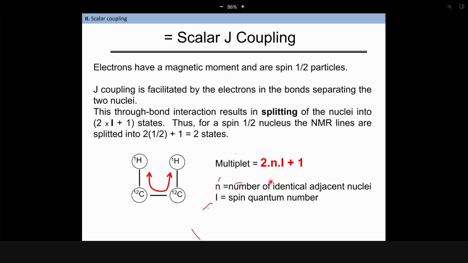So we can say that if I equals 1/2, then M equals N plus 1. That means that if you have 1 proton on the neighbor, then you will have 2 lines. If N equals 1, you will have 2 lines. If N equals 2, you will have 3 lines, and so on. Okay? So let's see an example.